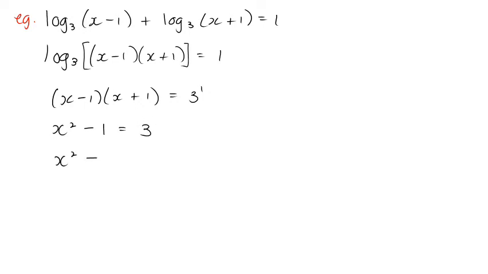X squared minus 4 equals 0. X squared equals 4. X equals plus or minus 2. Too easy. Pretty much. Why is it plus or minus, miss? The square root of 4 can be plus 2 or minus 2.